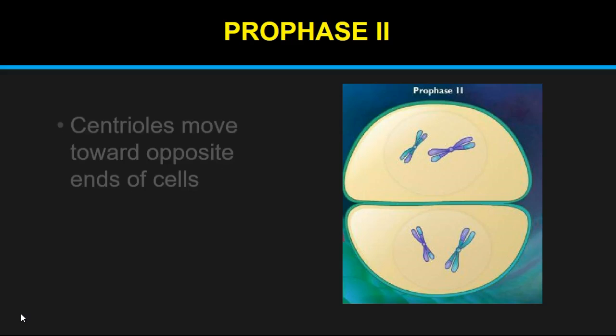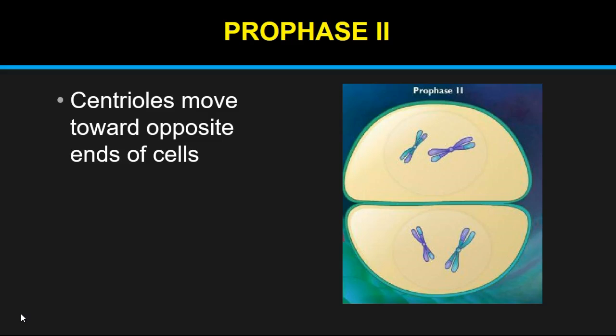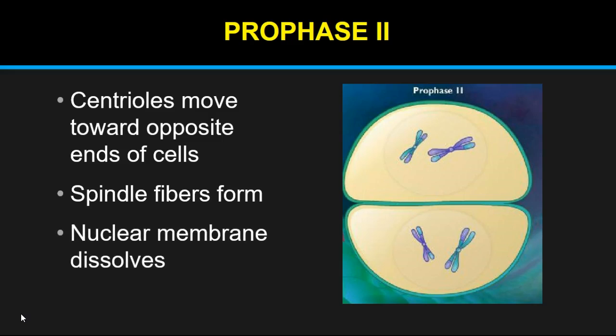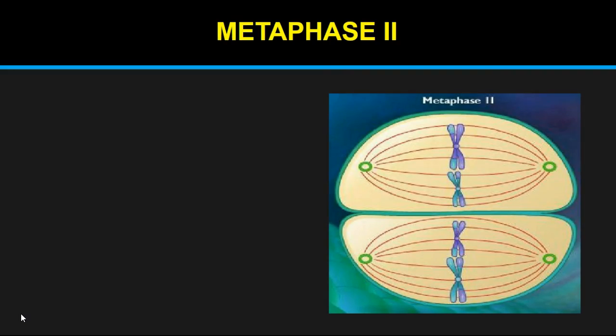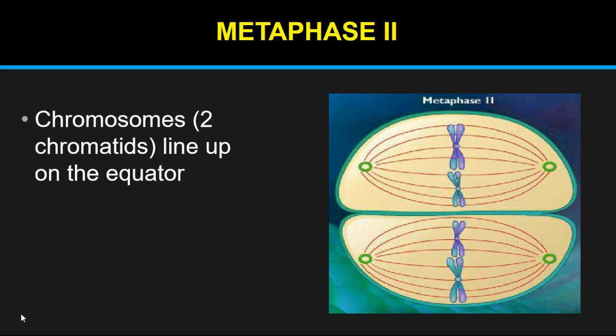So prophase 2, we have those centrioles again that move towards the opposite ends of the cells, and spindle fibers are forming, although you do not see that in this slide. And the nuclear membrane dissolves. In metaphase 2, this is kind of looking more like metaphase in mitosis. The chromosomes are lined up along the equator, just like in mitosis metaphase.